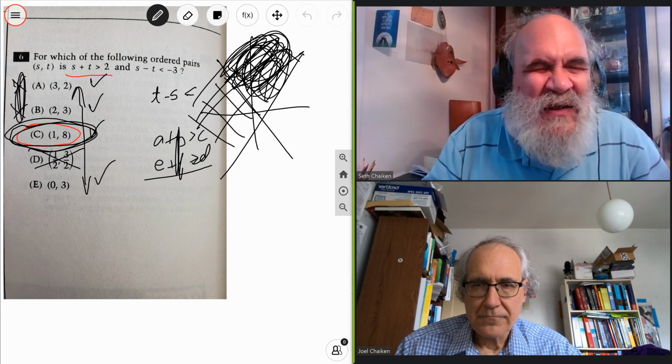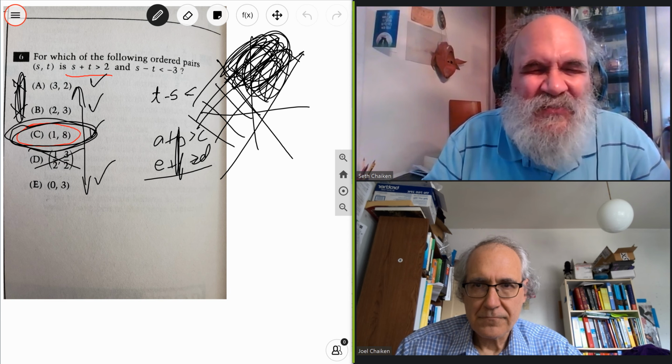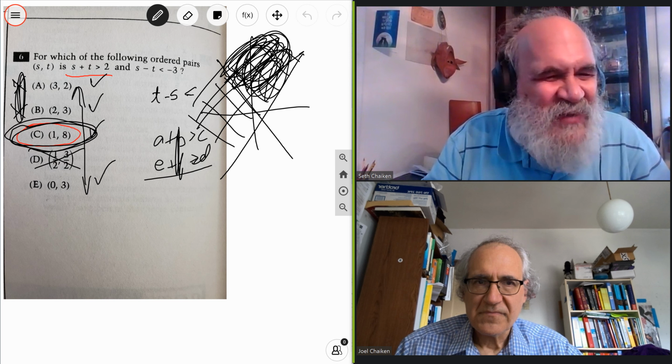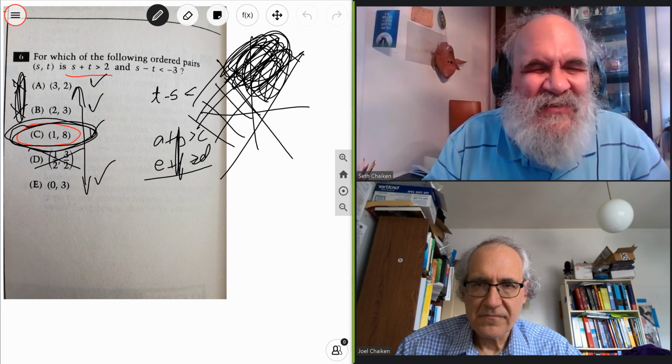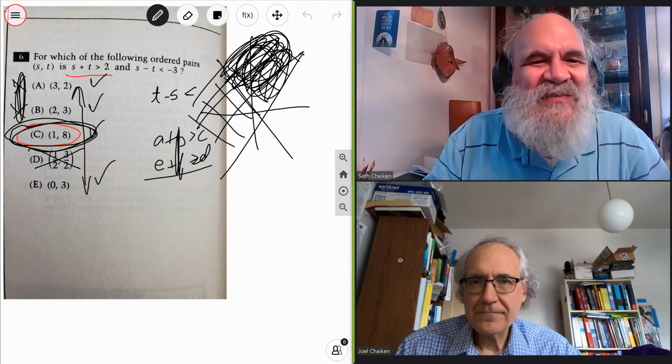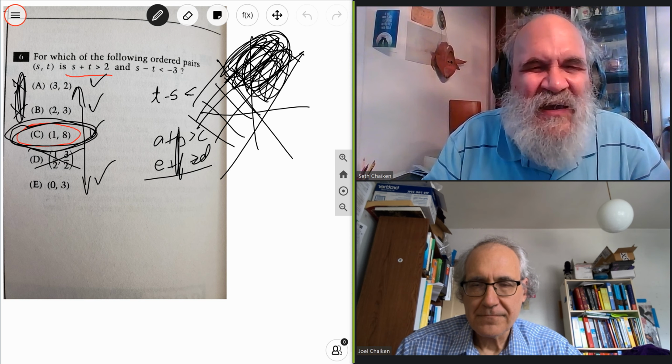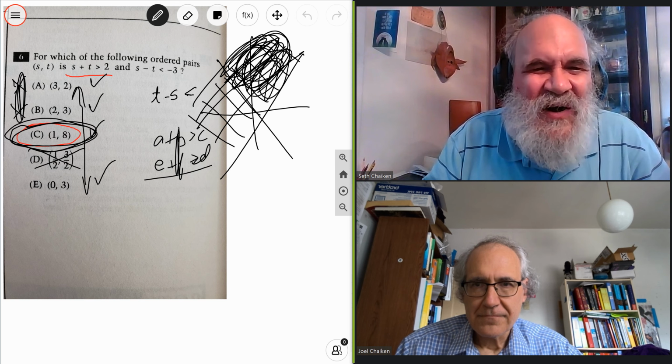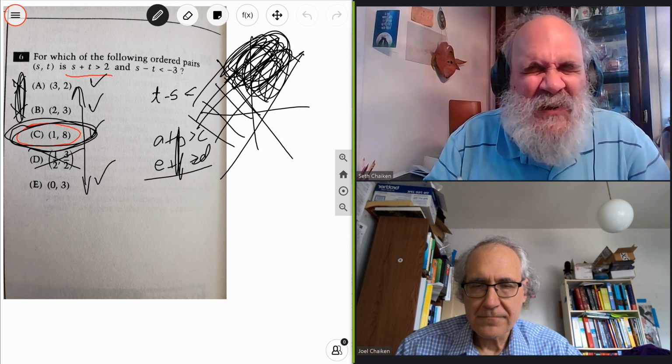Then I came to 1/8. Well, 1 minus 8 is really, really negative. It's -7. There's only one answer on the SAT that is correct, so you could stop there. And then 0 minus 3. 0 minus 3 is exactly equal to -3, so it does not satisfy strictly less than -3.